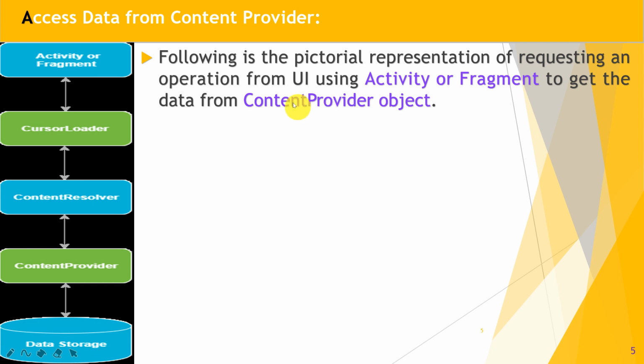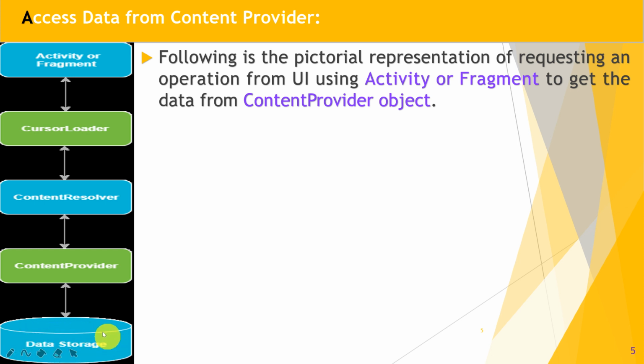Here the activity or fragment is your UI. From that UI you give the request to the cursor loader class. The cursor loader class gives the request to the content resolver. The content resolver gives the request to the content provider, and the content provider retrieves the data as per the request from the data store. The data store may be an SQLite database, file or network.